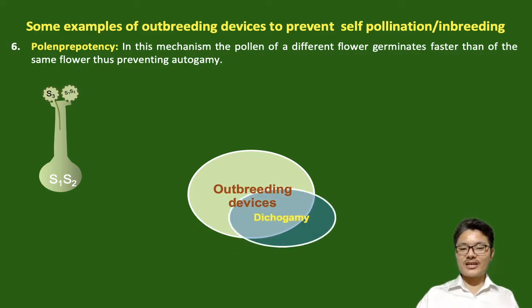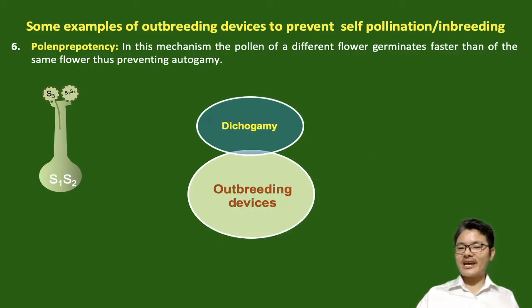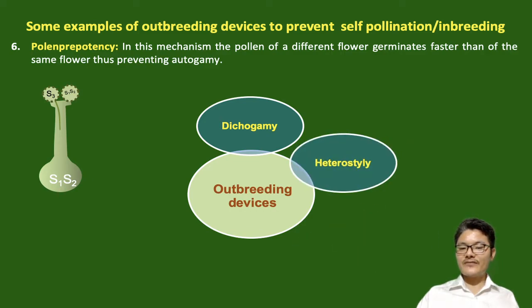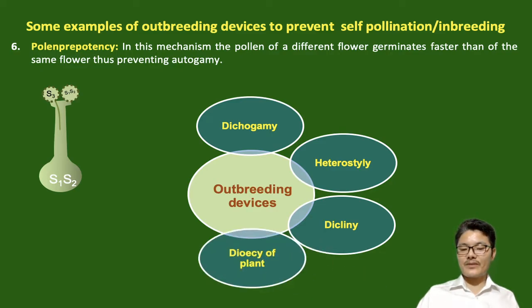So the first outbreeding device that we had discussed is dichogamy, that is maturation of pollen and ovary at different times. And second, heterostyly, difference in the length of style of the pistil. And third one, dicliny, which is occurrence of male flower and female flower growing separately on a plant.